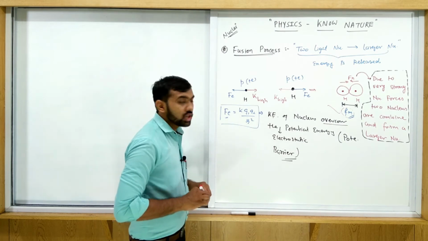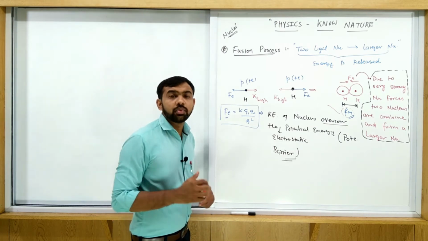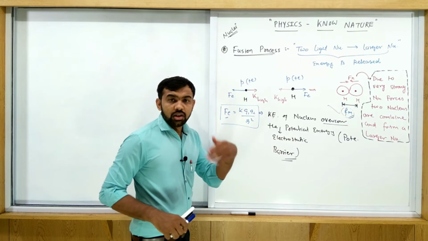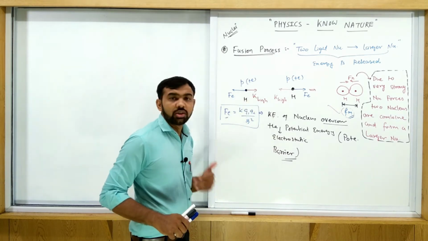So the kinetic energy of both the nuclei overcomes the electrostatic potential energy, which we call the potential barrier. If any nuclei or atoms are moving with some kinetic energy, we call it thermal energy.